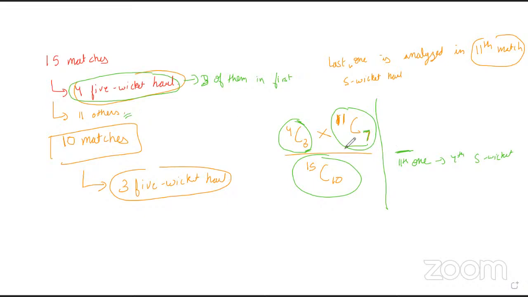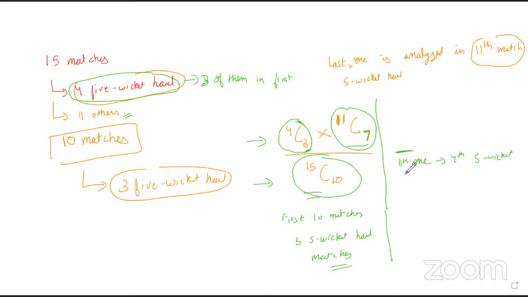So in total, I have done 10 matches analysis. These are my favorable cases where I have covered 3 5-wicket haul matches, and the total number of cases is this, right? So your probability would be this, that in the first 10 matches, I have covered 3 5-wicket haul matches.